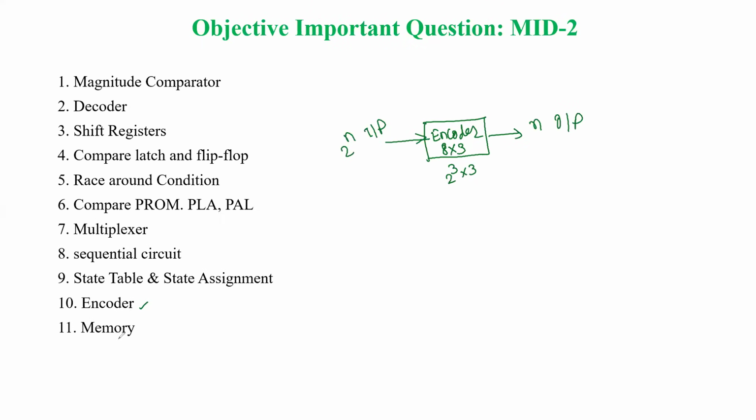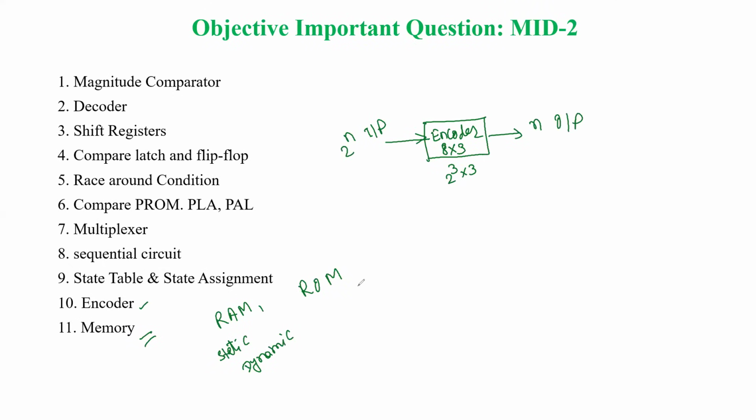Again, the last one is about the memory. Memory is the storage device that is going to store information, and memory has two types that we're talking about here, the RAM and the ROM. RAM has two types, static RAM and dynamic RAM.